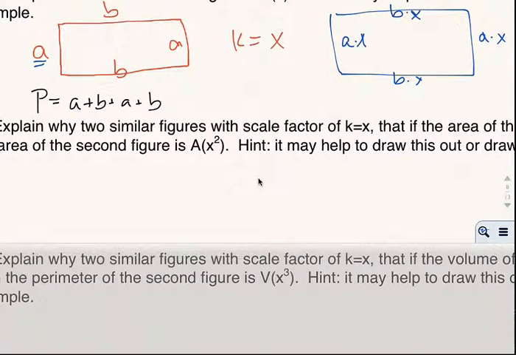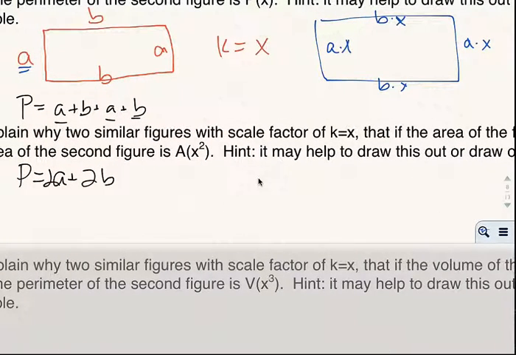Now I'm going to write this below the text, so please follow this with me. If I clean this up a little bit, this is going to be 2a plus 2b. So I combine like terms: a plus a is 2a, b plus b is 2b. Over here I can do the same kind of thing. So of course I'm going to call this P prime because that's my new perimeter, and prime indicates the scaled perimeter. This is going to be a little bit different.